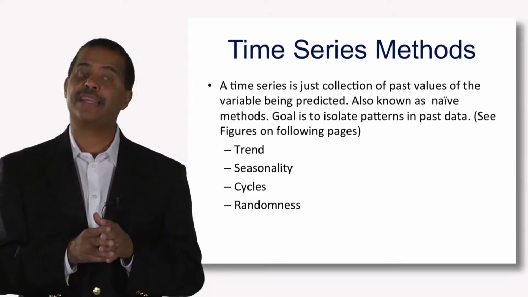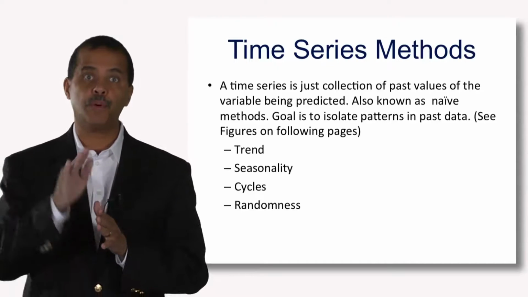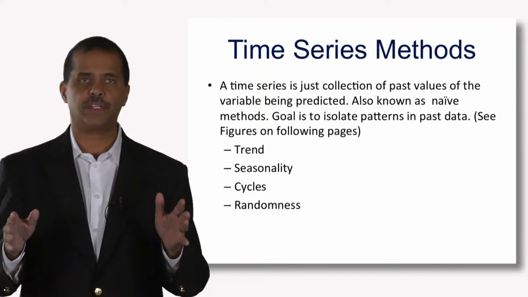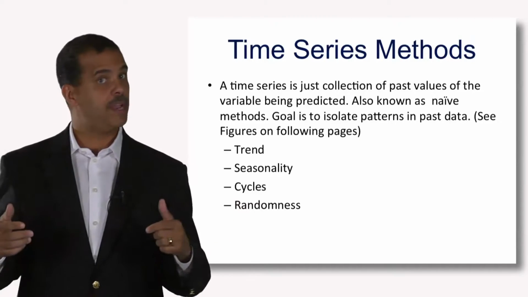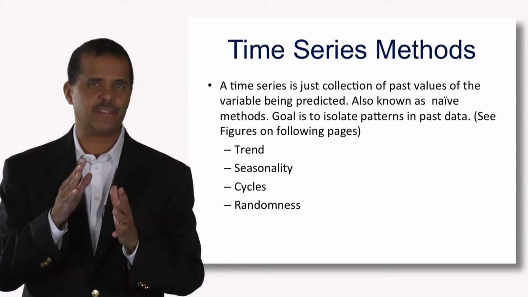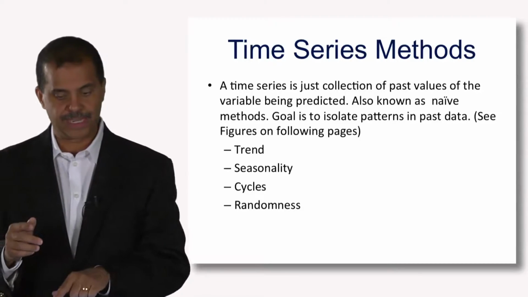Then you have cycles, like boom-bust cycles in the stock market or industrial output. Then you have randomness.